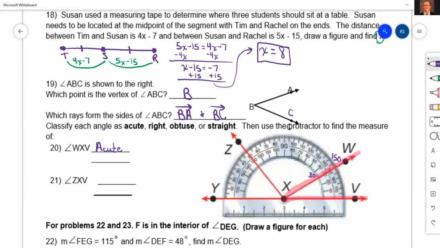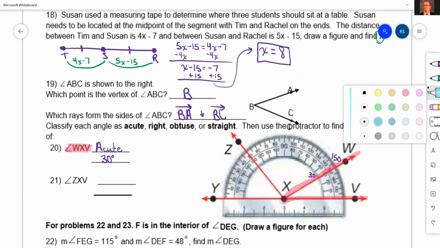The small number. So that means this angle is 30 degrees. So this was our pink angle. WXV is our pink angle.